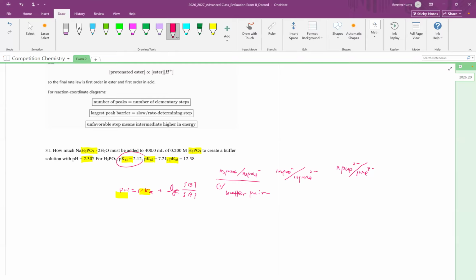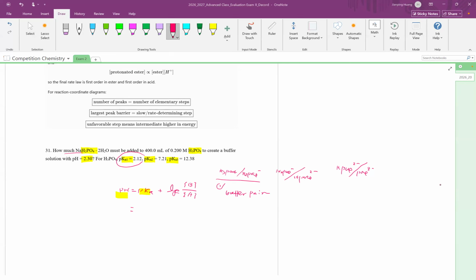The second one, when we calculate, they ask how much must be added. Could it be mass? Could it be moles? Normally it should be mass. Why? You use a balance to weigh the mass and make a solution.